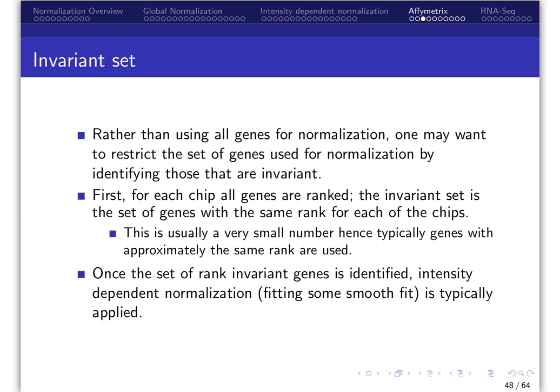Specifically, the invariant set method works by normalizing all arrays except the baseline array to a common baseline array having median overall brightness. The underlying assumption is that a probe belonging to a probe set that is not differentially expressed should have similarly ranked intensity values across all gene chips.